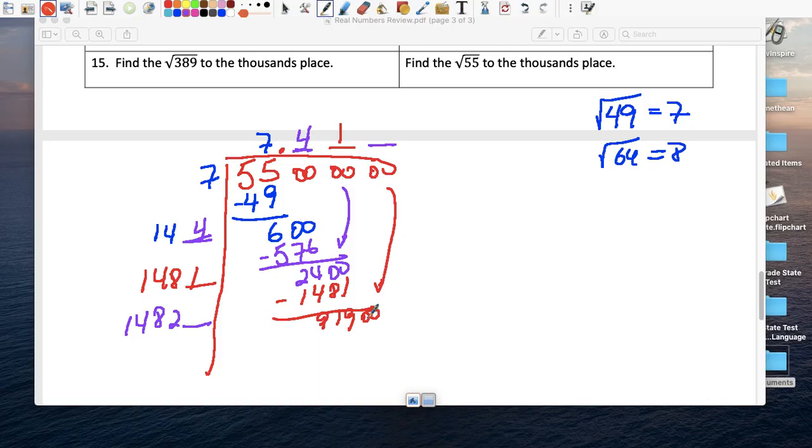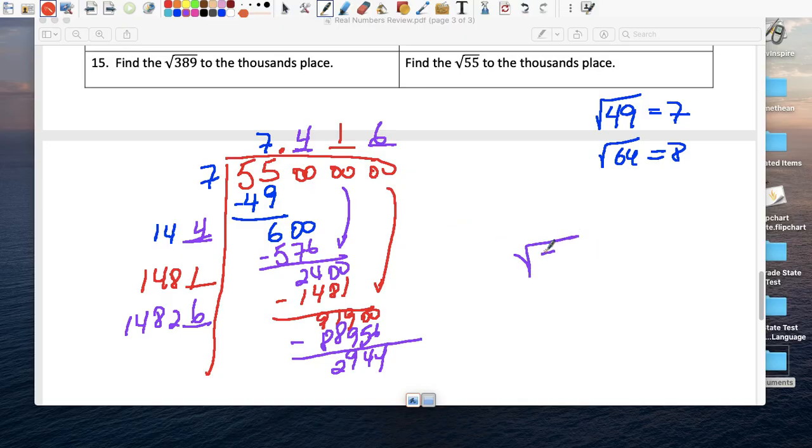Let's try 6. So if this is a 6, this has to be a 6. Let's try it out. 14826 times 6. It's going to be 88,000. Close enough. 88,956. Yep. If you subtract from 91,900, leftover is 2,944.